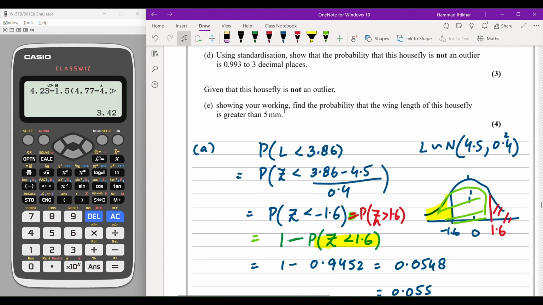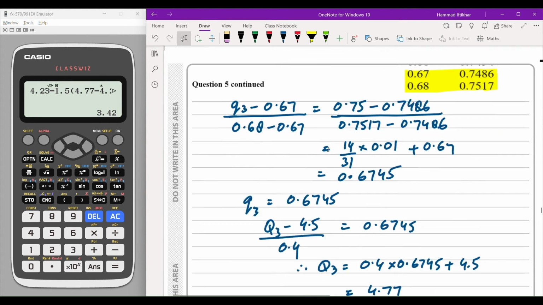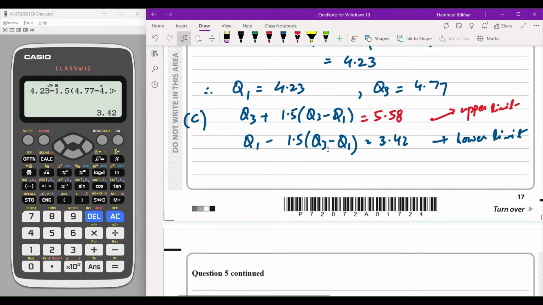Okay, right, moving on. A housefly is selected at random. Using standardization, show that the probability that this housefly is not an outlier is 0.993. Not an outlier. So basically this means that, let's call this LL, the lower limit, and this LU, the upper limit.